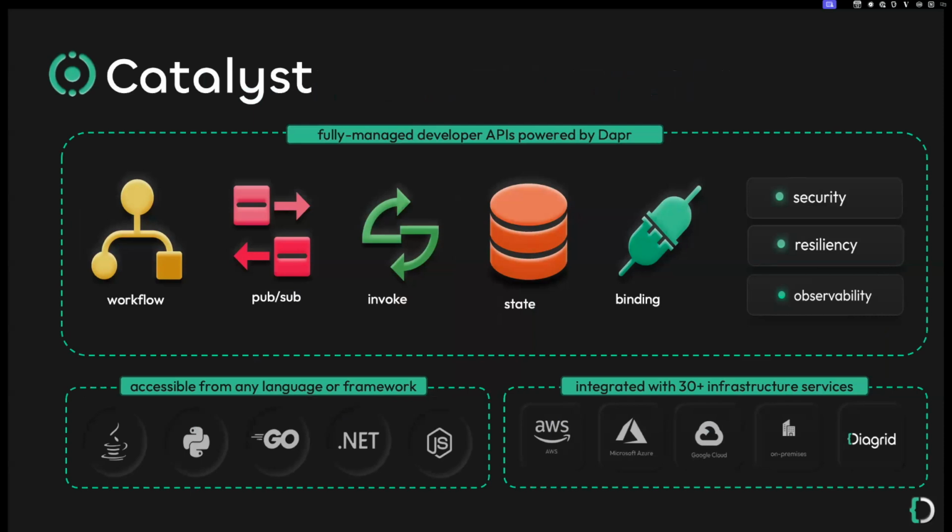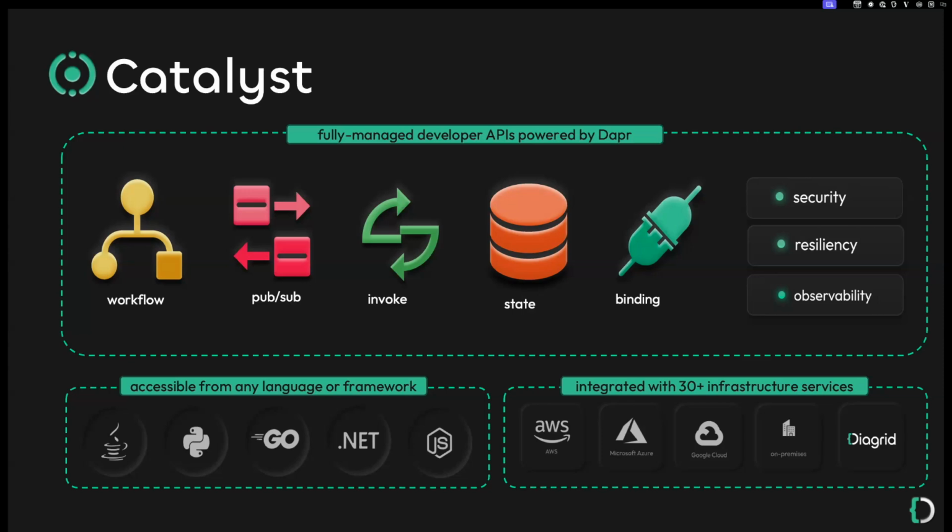But just to give a high-level recap, Catalyst is a set of managed Dapr APIs. We currently expose 5 today, so workflow, PubSub, service invocation, state, and bindings. And then we provide some built-in management capabilities on top of that to make using Dapr basically a seamless and completely out-of-your-hands experience while still getting that really cool, beneficial developer API surface that you can code against.